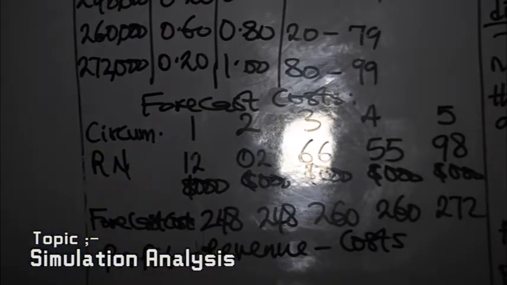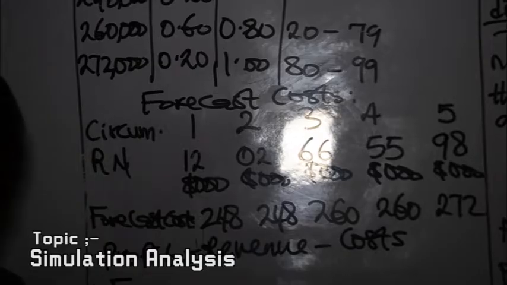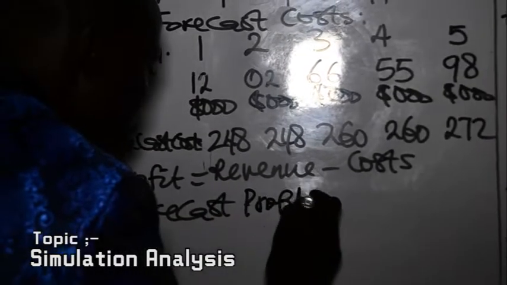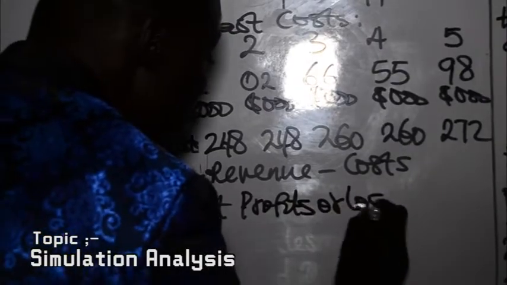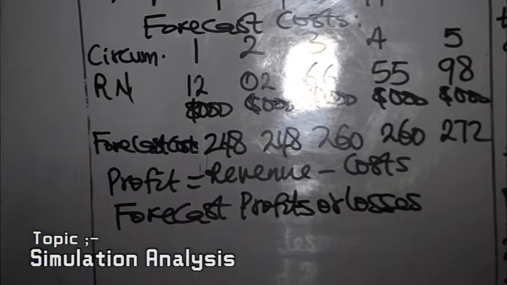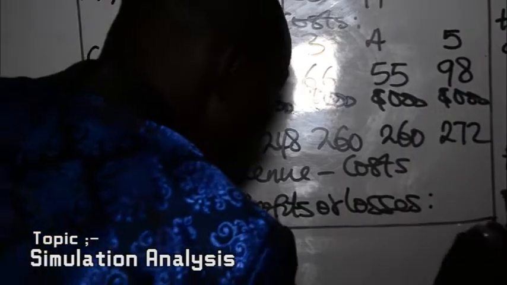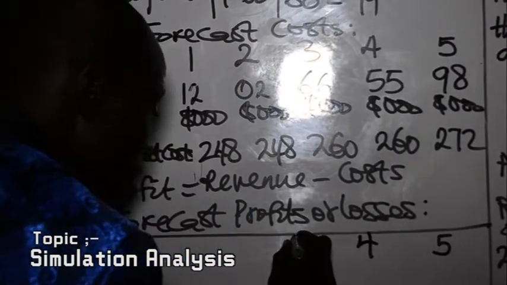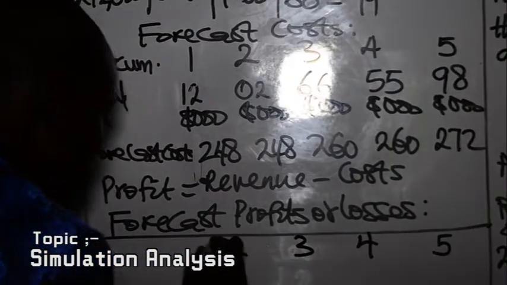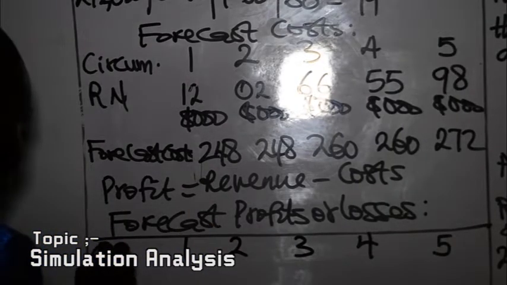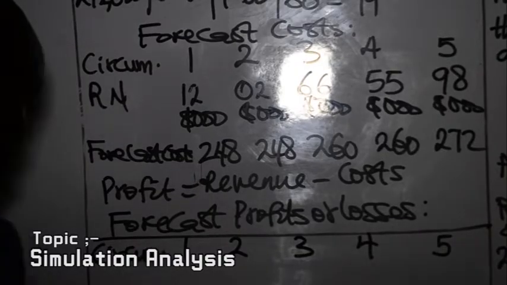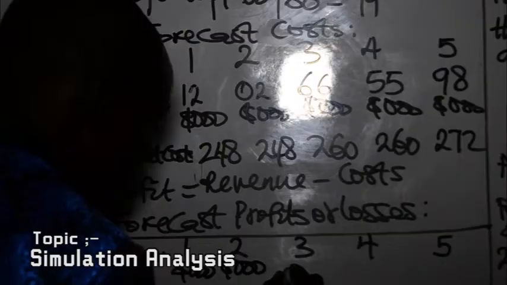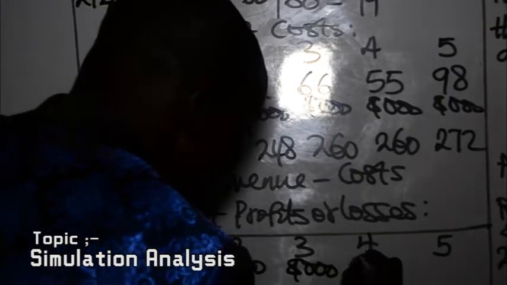That means you want to determine the forecast profits or losses under 5 different circumstances: number 5, 4, 3, 2, and 1. All amounts in thousands of dollars.